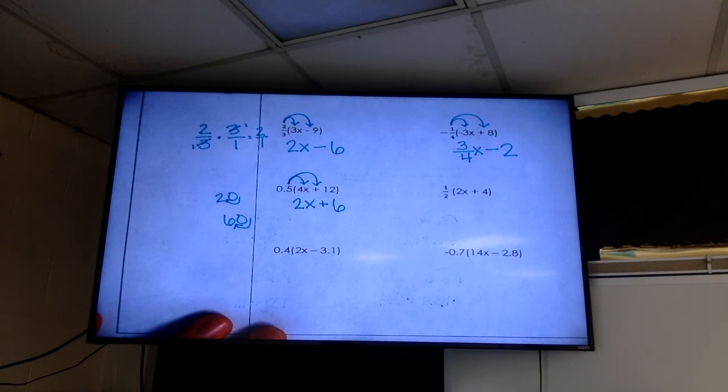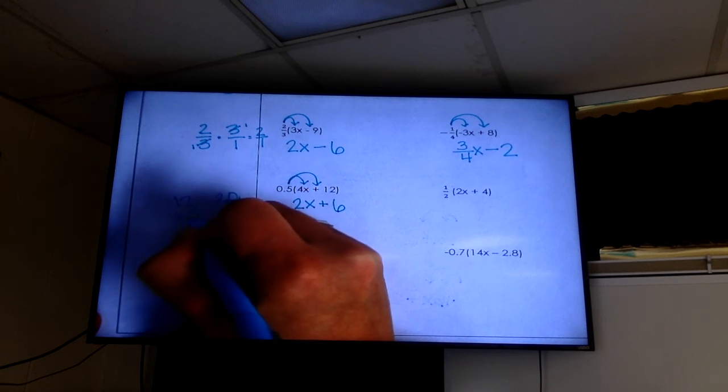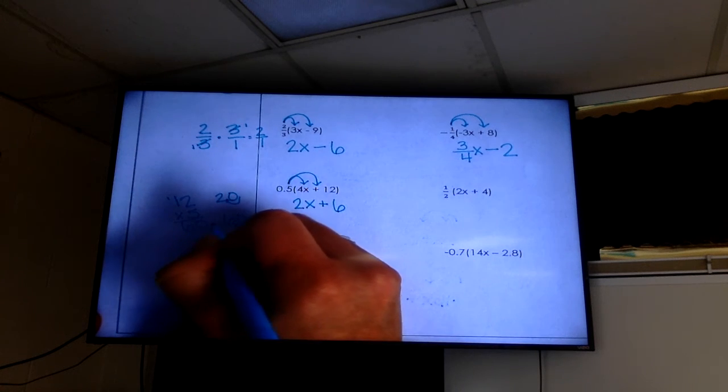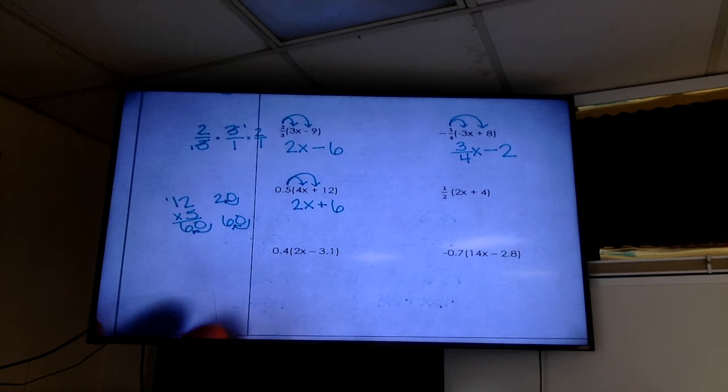So do what you can in your head. Again, if you can't do that in your head, then please do 12 times 5 and get 60, and then say there was 1 number behind the decimal point, so I have to move it 1 place to the left. There is no shame in having to write out the problem. There is no bonus points given for doing it in your head.